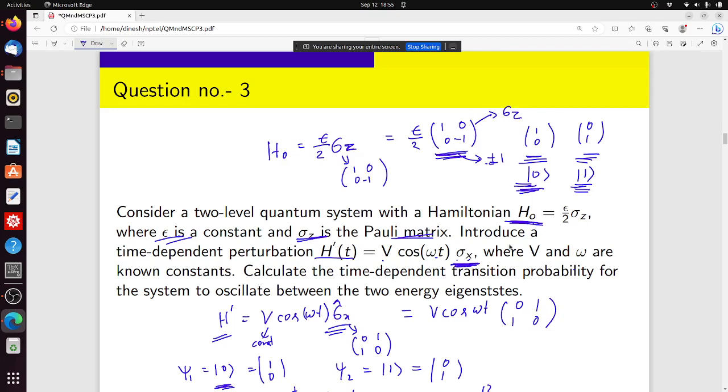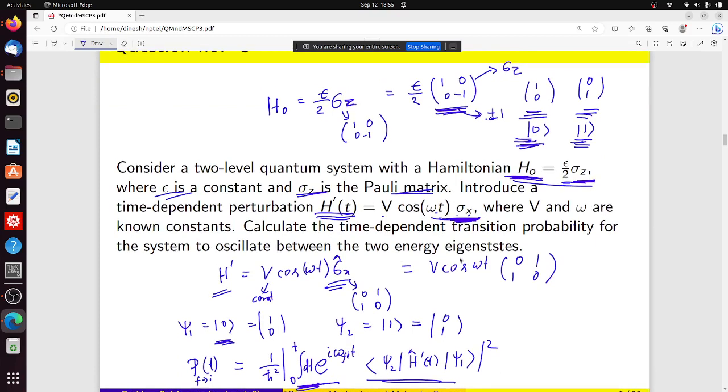This is sigma x, this is sigma z. So H0 was given as sigma z, and our perturbed Hamiltonian is given in terms of sigma x. That is, it's perpendicular, that's why minus 1, means both are in perpendicular directions, sigma x and sigma z.